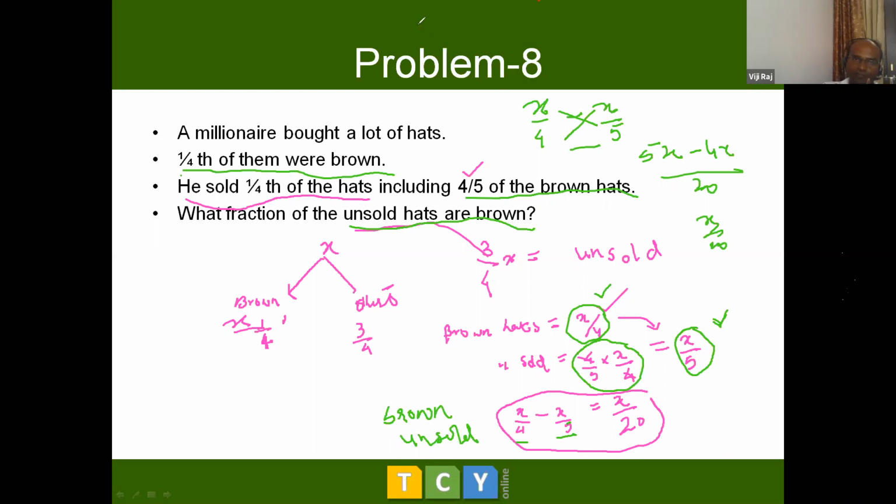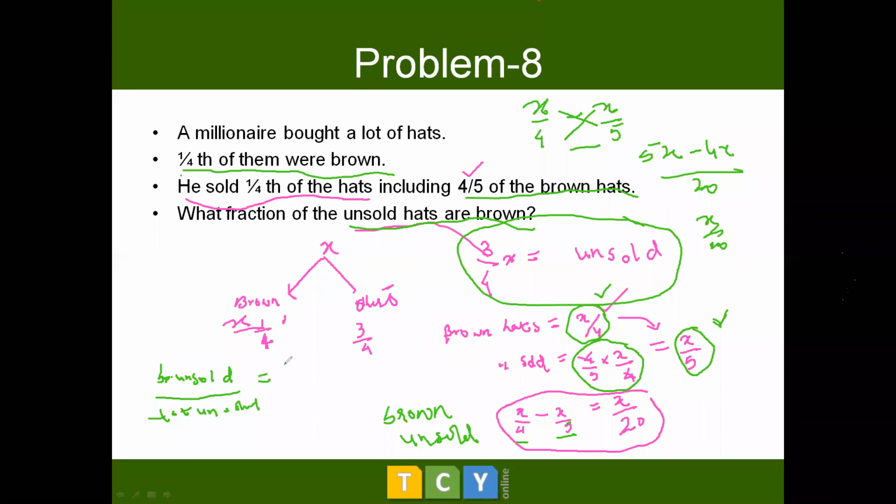Now we have two quantities. First quantity is total unsold hats and the second is unsold brown hats. We have both. Now we have to find brown unsold divided by total unsold. Right?